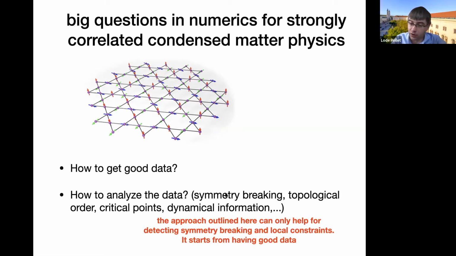It's about looking at symmetry breaking. It's about perhaps detecting critical points, perhaps detecting dynamical information. Unfortunately, topological order, we don't know how to do it. But it starts from the premise that you have good data. And if your data is not good, it will not work. How to get good data is simply not addressed here. Okay.